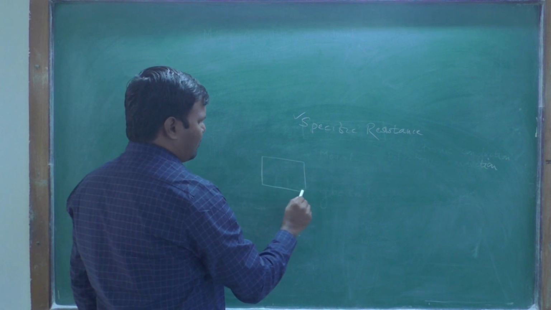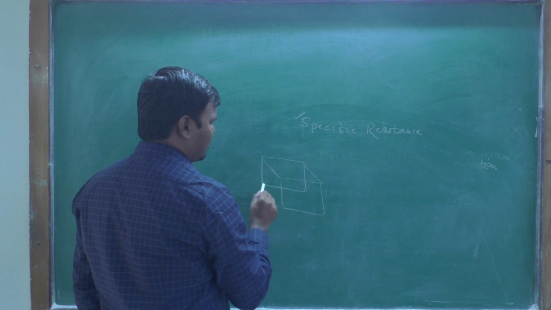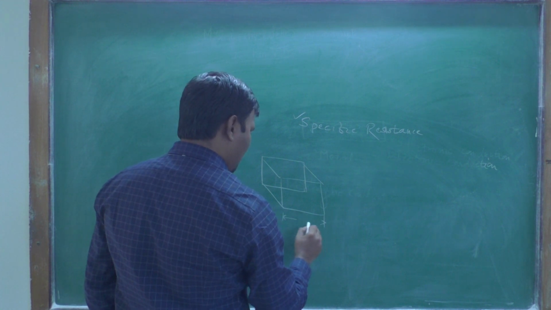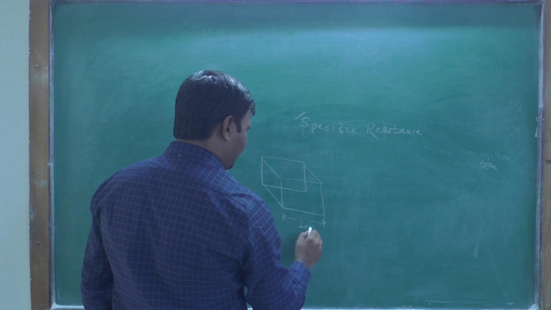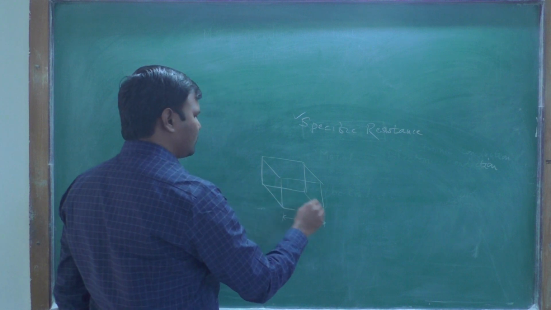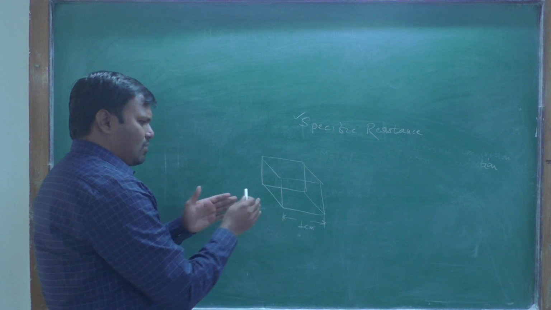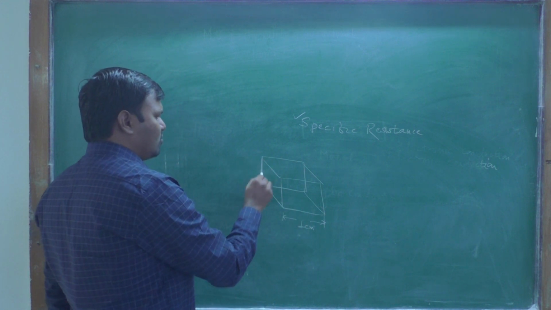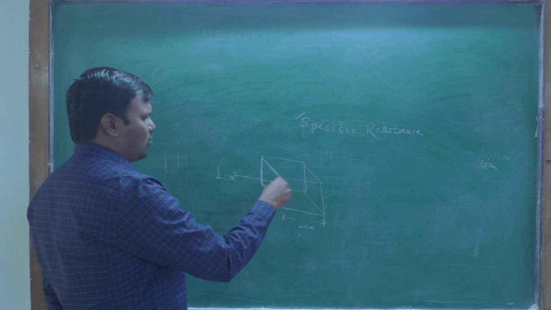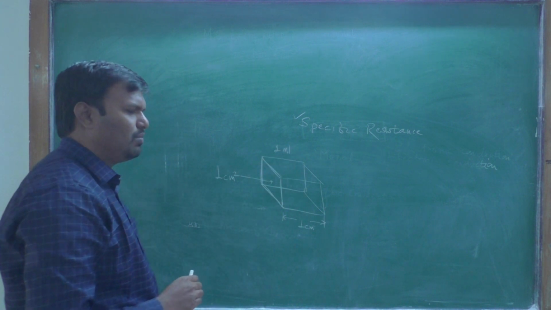Specific resistance is the resistance of a length of 1 centimeter in which your electrolyte is placed, or your metal length is 1 centimeter, with a cross-sectional area of 1 square centimeter. The total volume will be 1 ml.